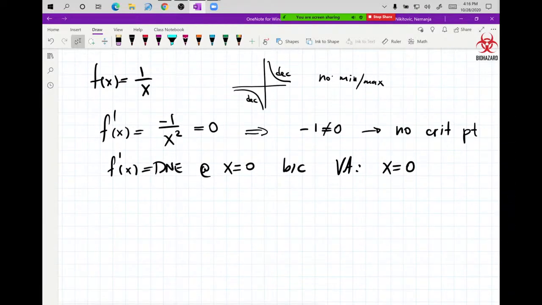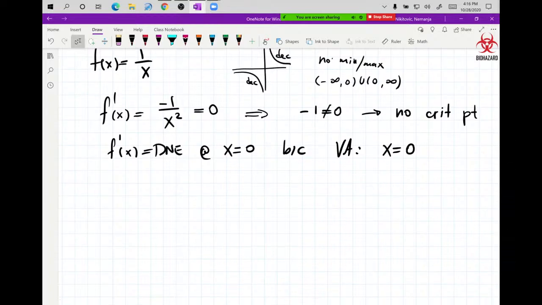Now, what is my domain? Domain for this one is negative infinity to 0, union 0 to infinity, because there is a vertical asymptote at 0. The domain of all real numbers is interrupted at that one point. So what do I do? I draw my partition, which is again negative infinity to positive infinity, and I put my vertical asymptote partition right there.